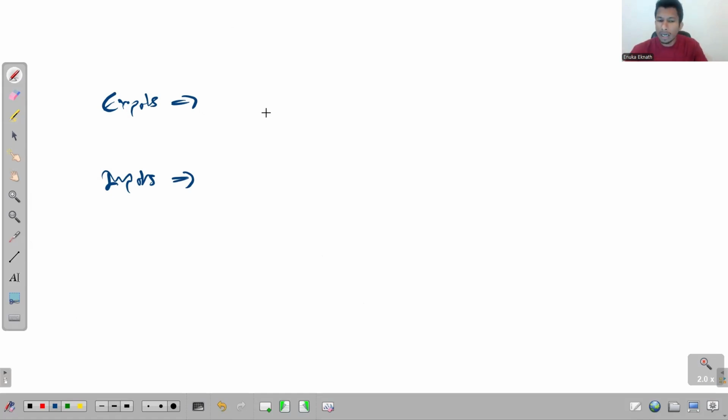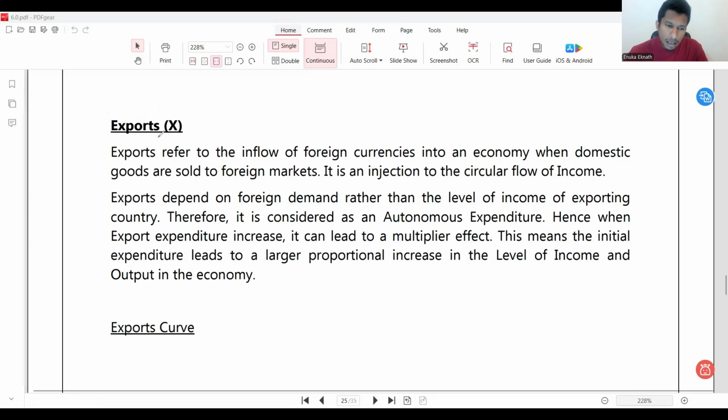So let me show you the relevant note on that. Look at this one. Here it says under exports, this is the macroeconomic equilibrium lesson. Here we have this topic exports, and there I'm telling you exports depend on foreign demand rather than the level of income of the exporting country.